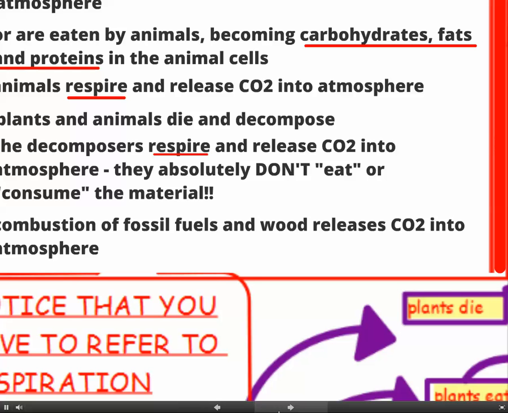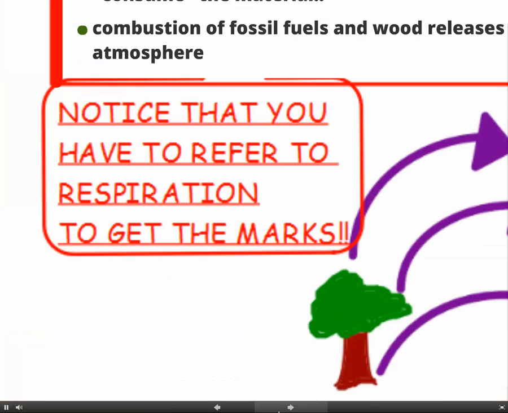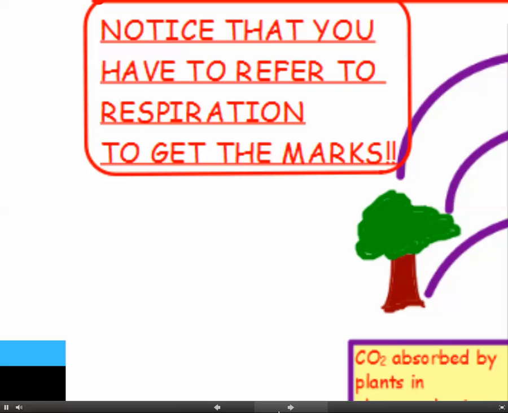And then of course the plant and animal material may fossilise, and so the combustion of fossil fuels or wood releases CO2 into the atmosphere. So in case you didn't notice it, you have to refer to respiration in any question about the carbon cycle. The plants, the algal cells and the animals respire, the decomposers respire, and in doing so they release CO2 into the atmosphere.